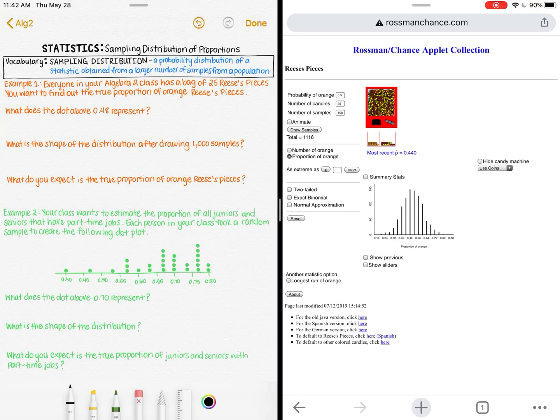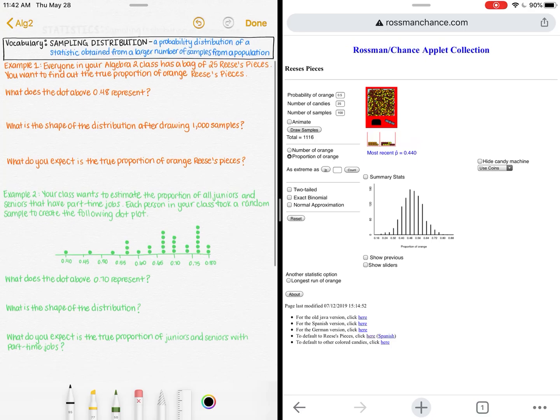So let's go ahead and recap what we know by looking at this graph. The first question we have is, what does the dot above 0.48 represent? A dot above 0.48 is telling us that one student's bag of 25 Reese's Pieces has 48% orange pieces.